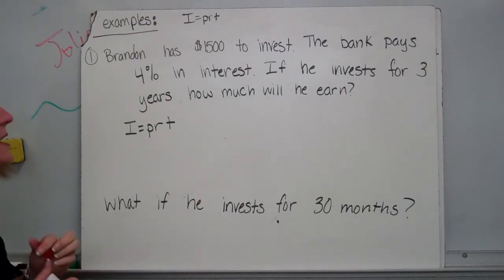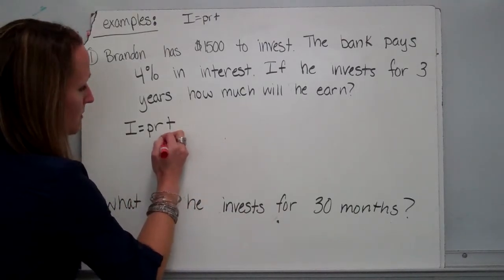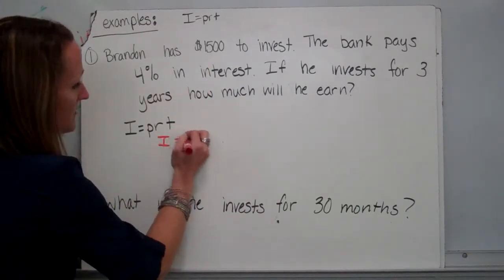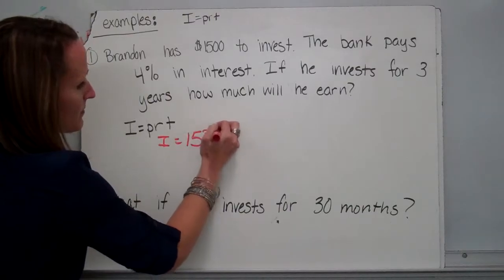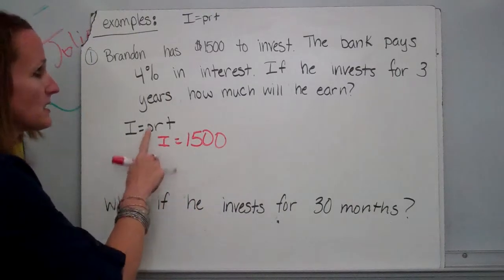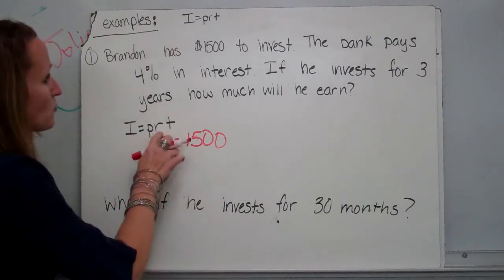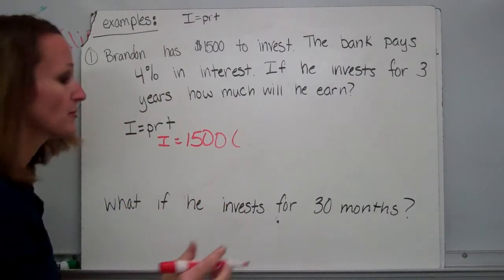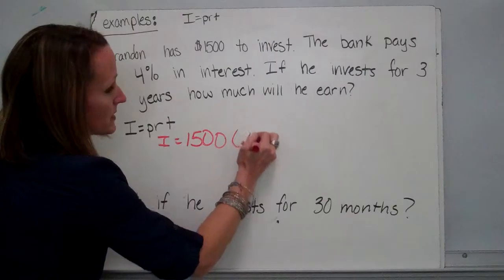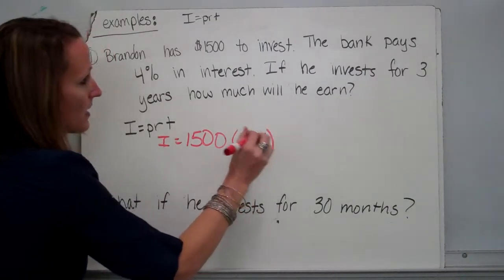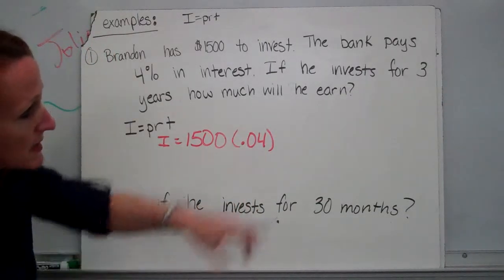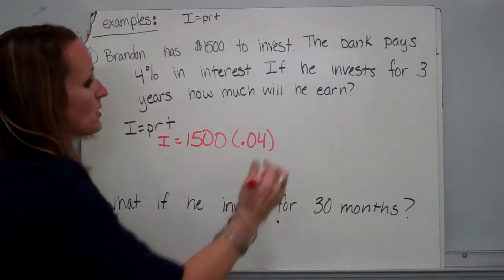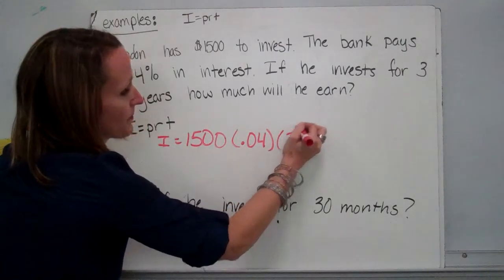The principal is $1,500, because remember the P stands for how much you put in. The rate is 4%, but remember we change it to a decimal, so 4% is the same as 0.04. And time has to be in years. It's 3 years, so times 3.